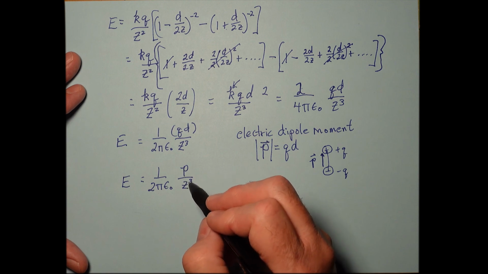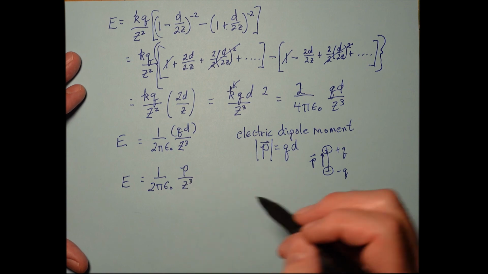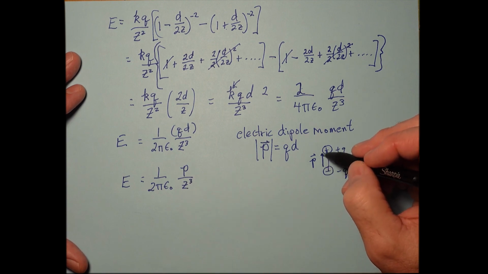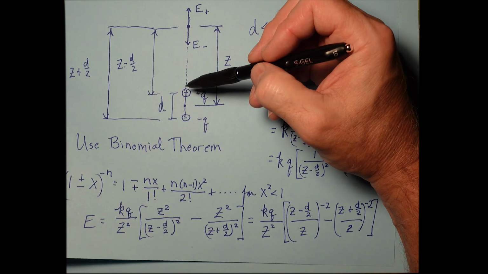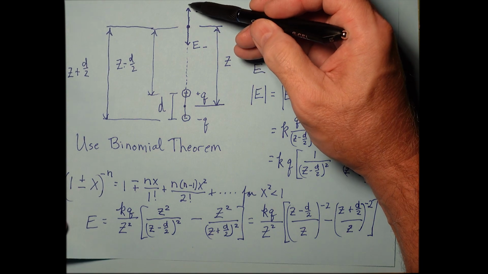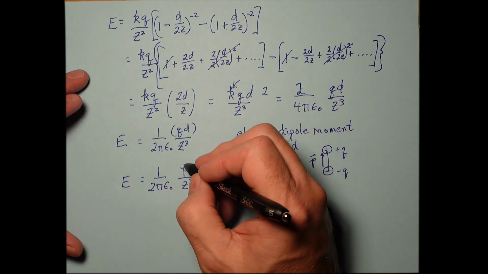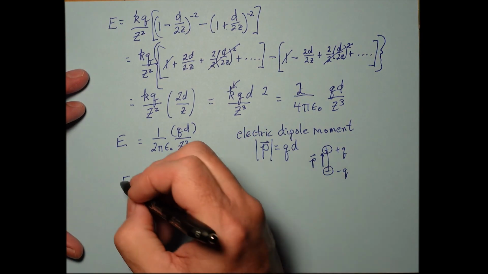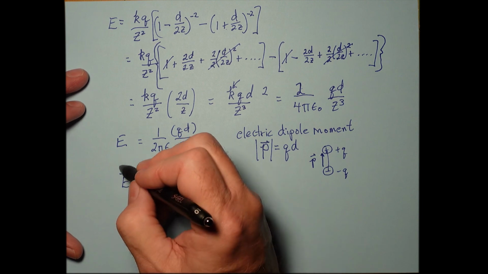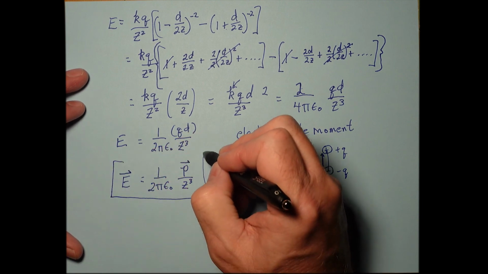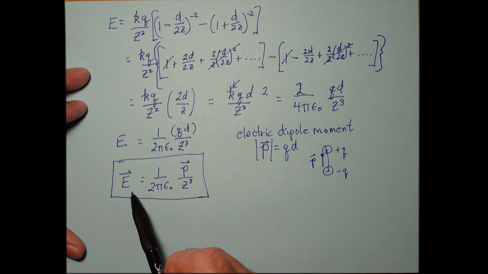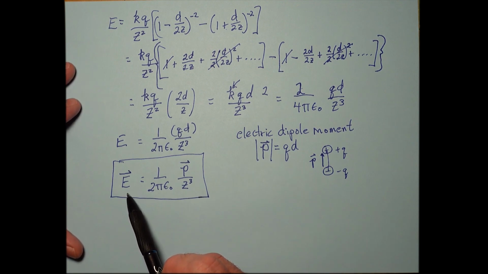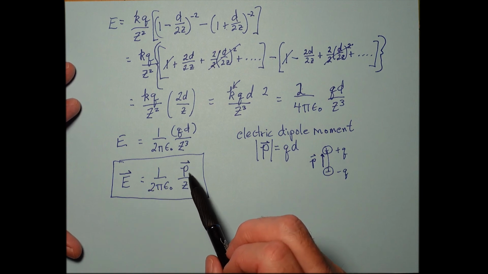But we can make this now into a vector equation if you recognize that with this direction here, for our example up here, it's going to point upward. So we just turn that into the vector, turn that into the vector, and now we've got a vector equation that describes the electric field, both magnitude and direction, in terms of that vector P.